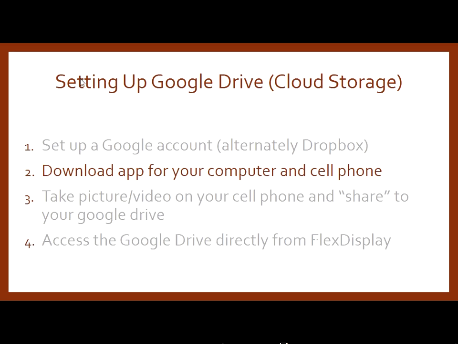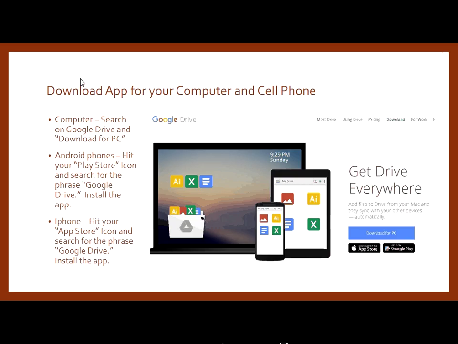Okay, after you set up your Google account, which I think is fairly straightforward, you want to download a Google Drive app on your computer and on your cell phone. So for the computer, what you do is you search on the word Google Drive, and you'll hit this opening page here, and you'll see this little blue button called Download for PC.